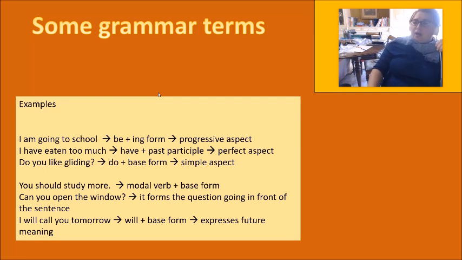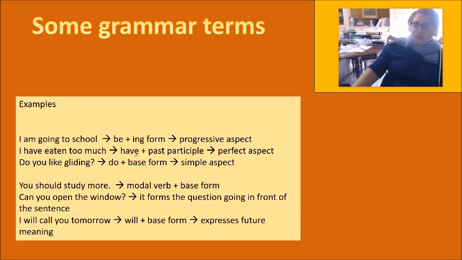Good. Now we are ready to give some examples. For example, I am going to school. It has the auxiliary be plus the ing form. Sorry, in the grammar terms, I forgot to mention the gerund, the ing form.